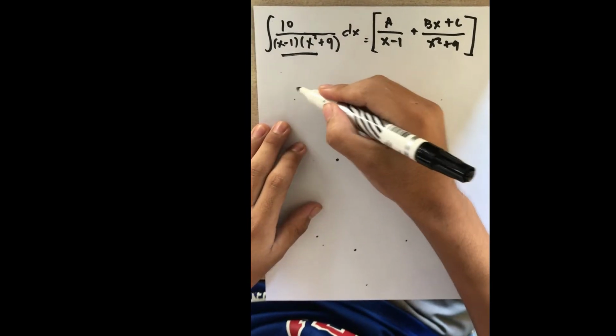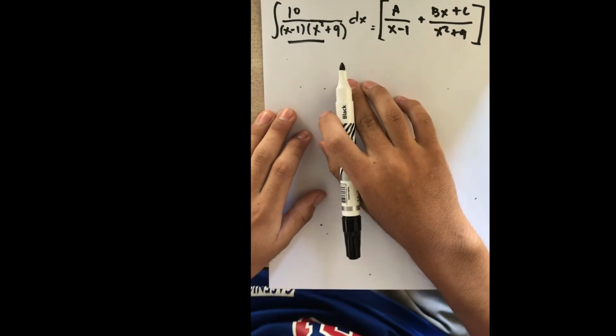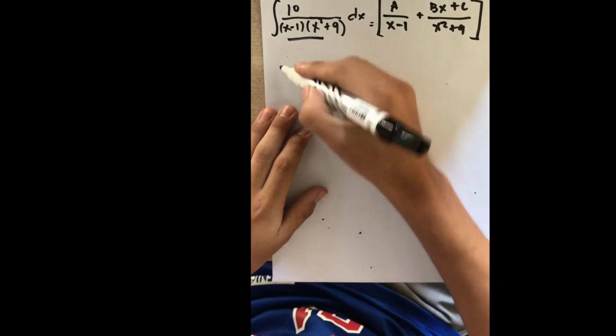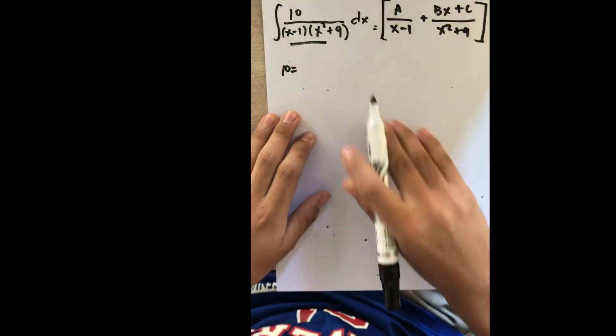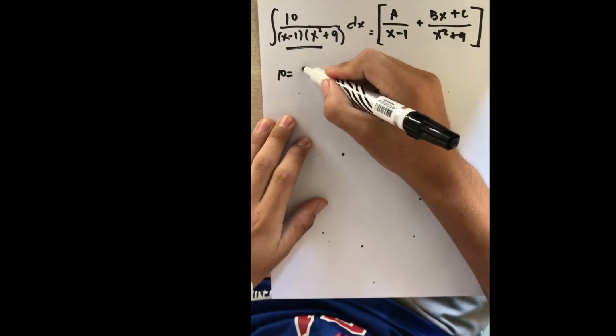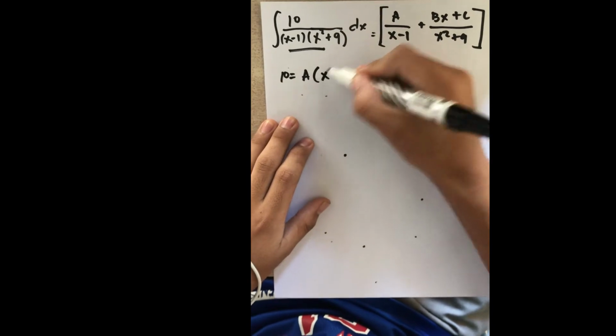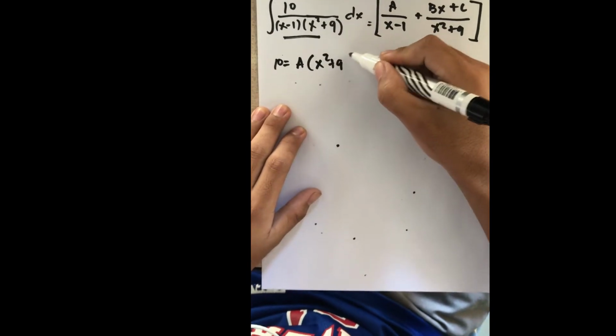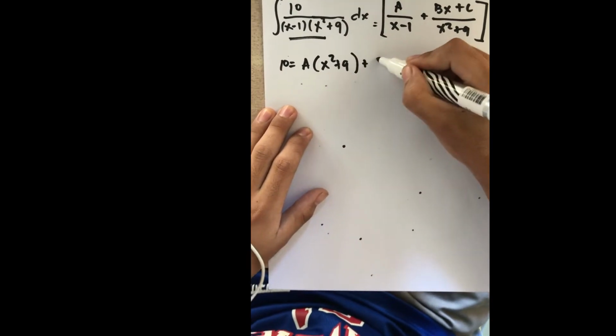Just like in the last example, let us ignore the integral sign and multiply this by the denominator of this equation, which is x minus 1 times the quantity x squared plus 9.